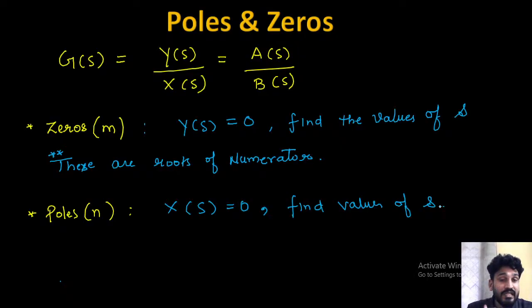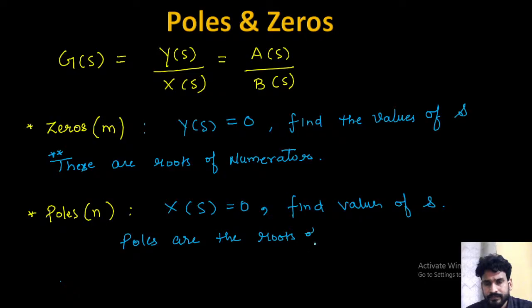What are the poles? Poles are the roots of the denominator. These are the poles. Is it clear? Please write it down, and we will take a very simple question, and after that we'll move ahead.